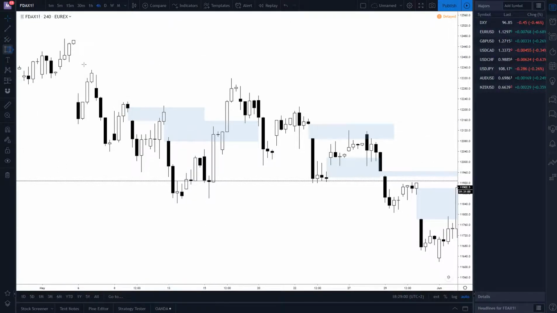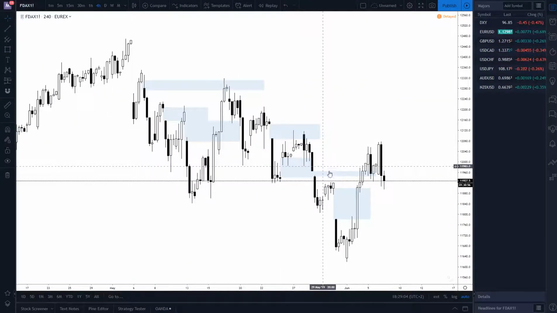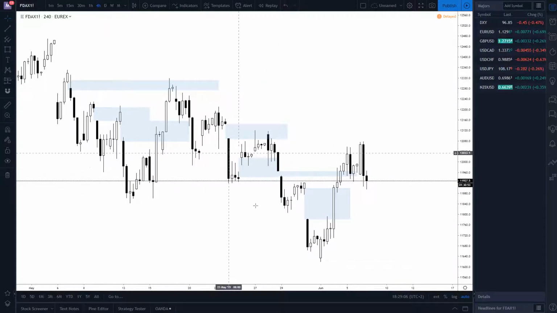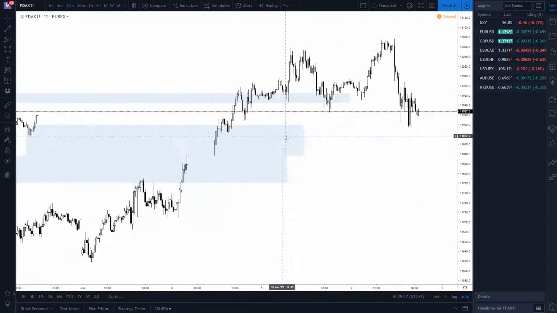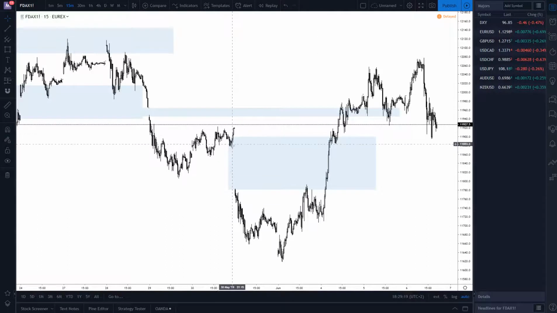But if you take the DAX futures contract, you can see how many gaps there are and how many of those get filled. They can get filled the next day, like here, or they can get filled over time. You can also see on a 15-minute time frame how big this is. Then we have the next gap right here, which gets filled immediately, and so on.